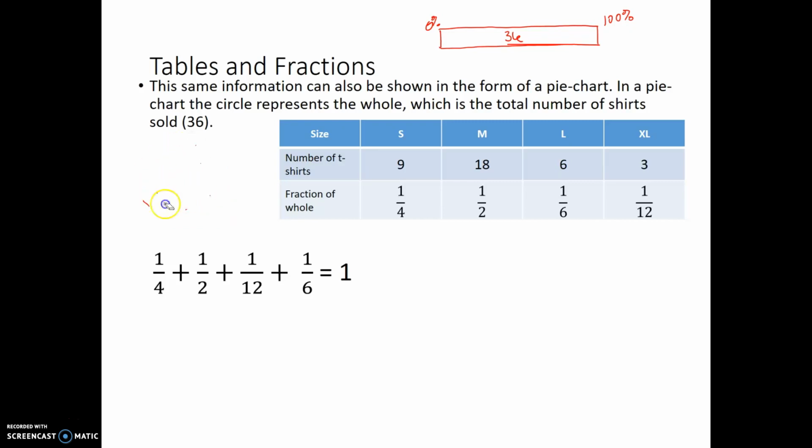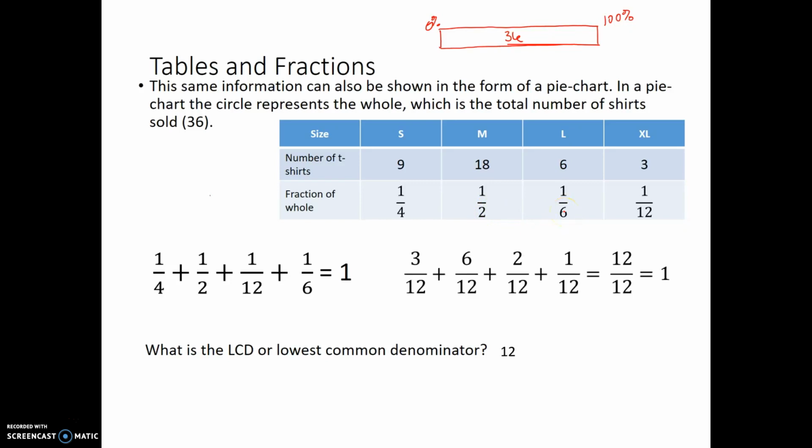Okay, so what is the lowest common denominator with all of these fractions? Well, it's going to be 12, right? Because I can divide 12 by 4, 2, and 6. So let's go ahead and change all these fractions to 12ths.